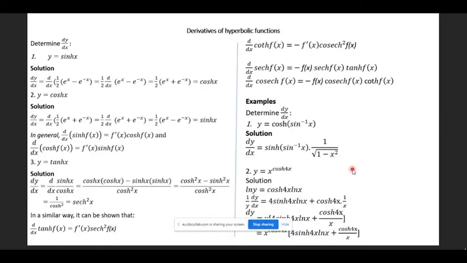Another example. If you are given that y is equal to x to the exponent cosh of 4x, then you need to use the logarithmic law in order to bring that down, so that you are going to say ln of y will be equal to ln of this. But because you can then take this exponent down, it should be cosh of 4x ln of x.